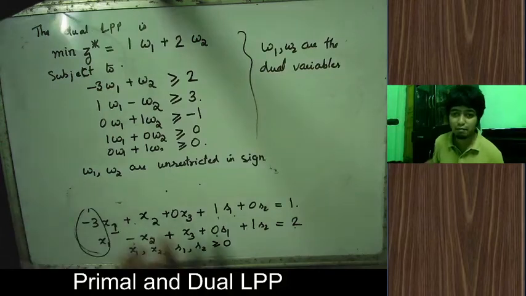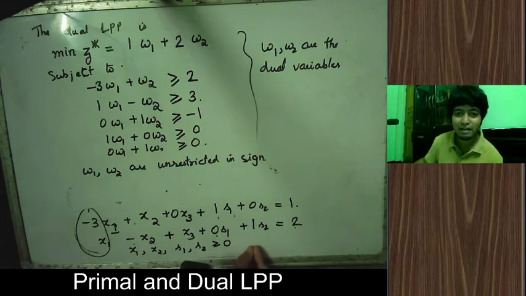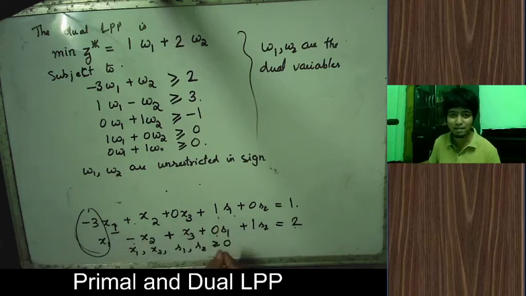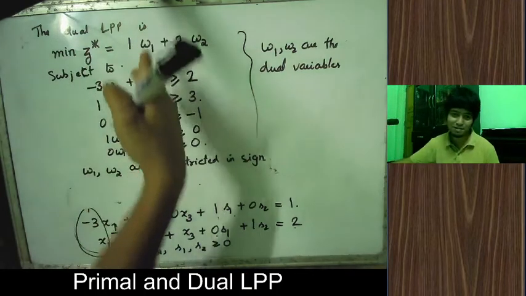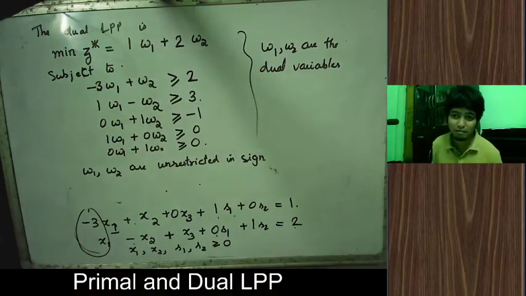Okay, so this is how we do it. If you see the original LPP, it cannot be solved by using the graphical method, because we had 3 variables, x1, x2, x3. But this one can easily be solved by using the graphical method because now we are having only 2 variables.